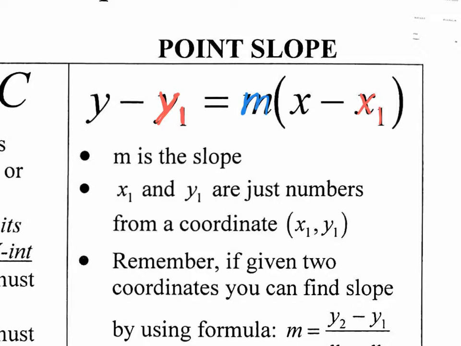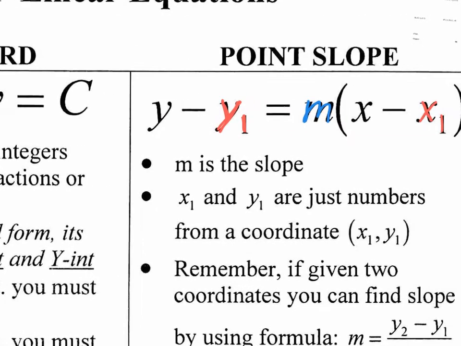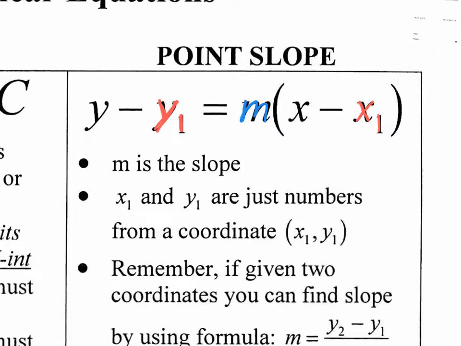Kind of like slope-intercept. Why do they call it slope-intercept? Because you could see the slope and you could see the y-intercept. Over here, point-slope, they call it point-slope because you could see the point right here, x1, y1, and you could see the slope. That's why they call it point-slope form. Remember, the word form is just the way the equation is organized.